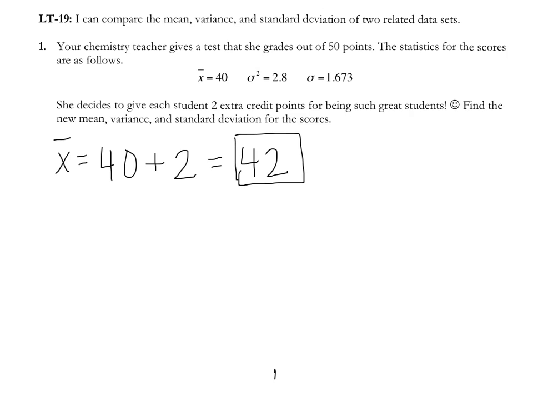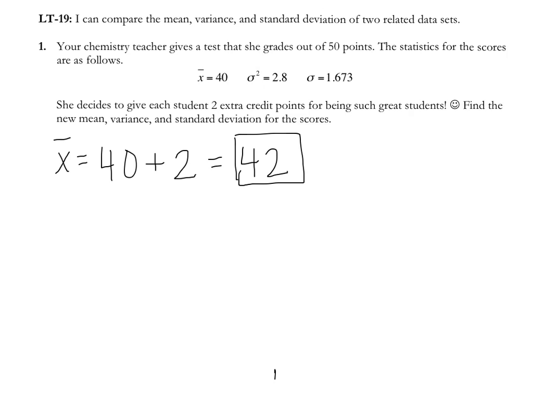However, when you take each number in a data set and you just add a number to it, it's actually not going to change the variance and the standard deviation at all. And the reason why is that variance and standard deviation measure how spread out the data is. If you're just shifting each number up by the same amount, you're not making the data any more spread out or any less spread out.